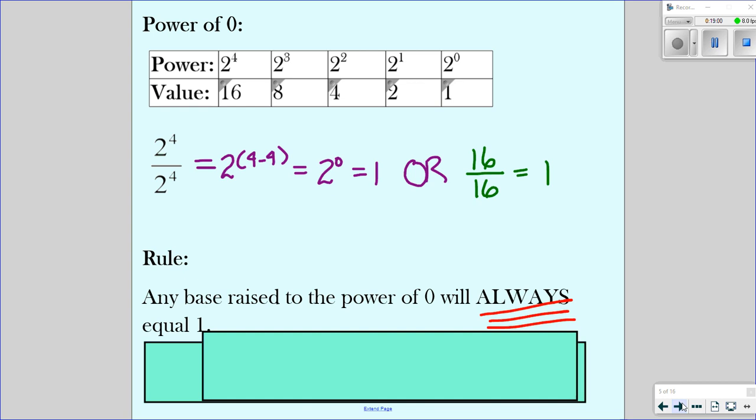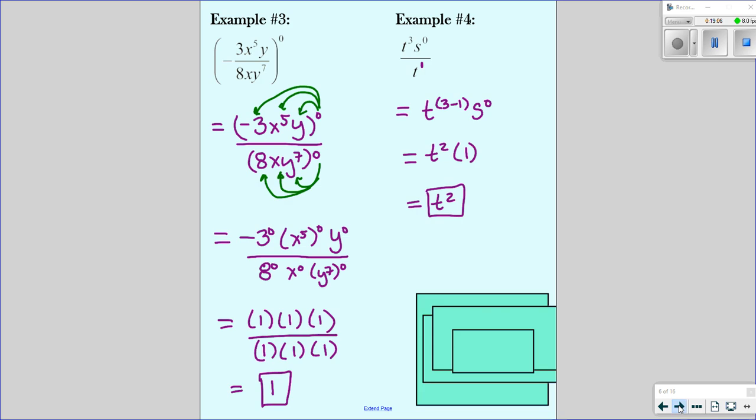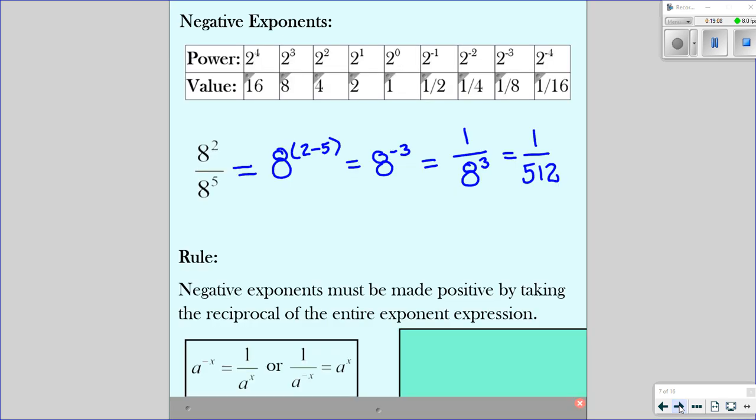And if you have the power of 0, anything raised to the power of 0 will always equal 1. Negative exponents must be made positive by taking the reciprocal of the entire exponent expression. So if you have, for example, 8 to the negative third, do the reciprocal, 1 over 8, and make that negative exponent into a positive exponent.